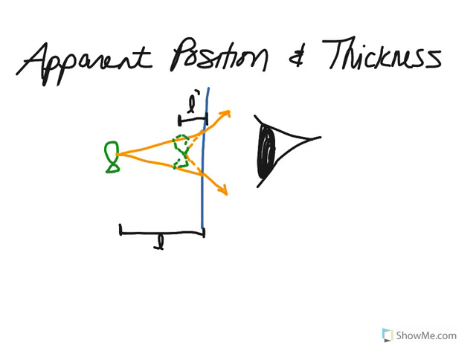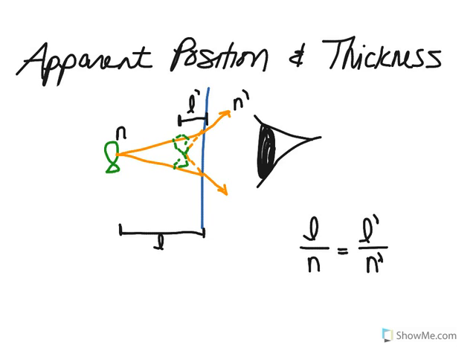The index of refraction, where the incident rays are located, is N, and the index of refraction, where the image rays are located, is N prime. And these are all related by the equation L over N, so the object distance over the object index of refraction, is equal to L prime over N prime, the image distance over the image index of refraction.